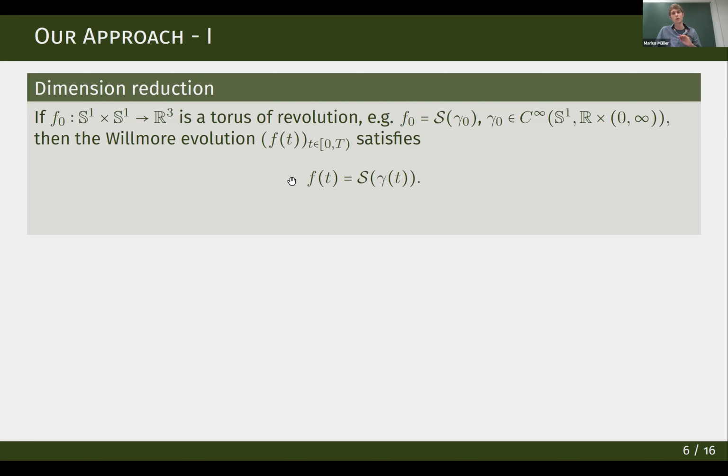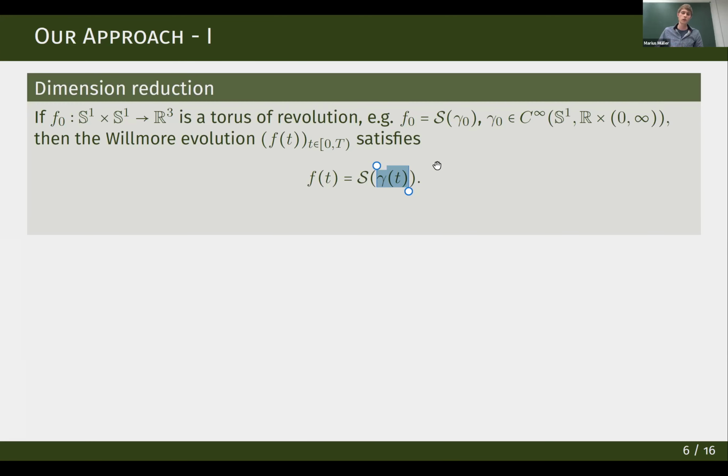And with this, you reduce the dimension of the flow, right? You can now look at the evolution of gamma of t only. So you just have to look at the profile curves, gamma of t. I will also call them profile curves a couple of times.